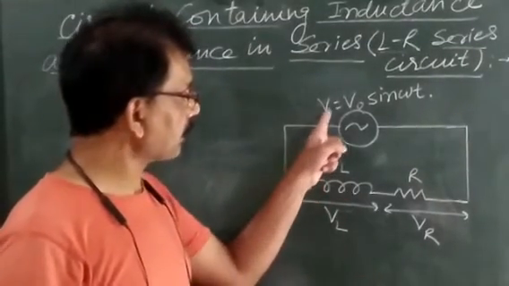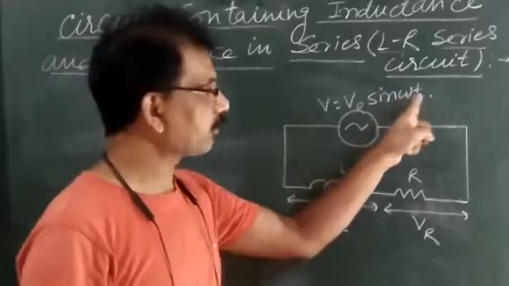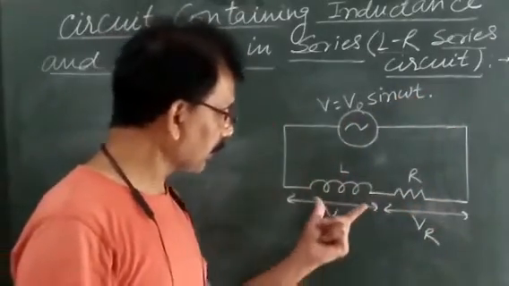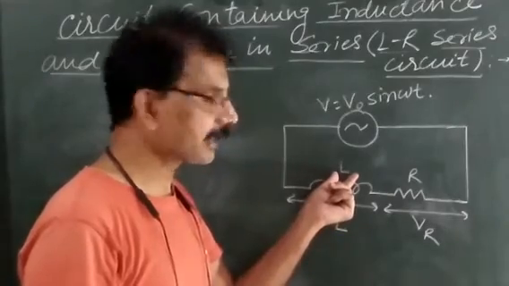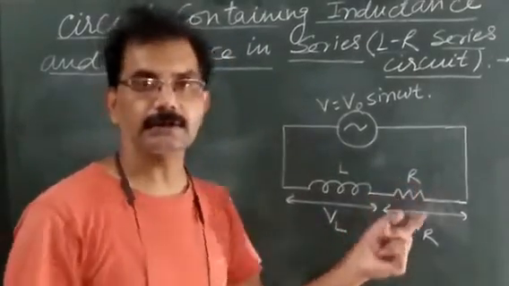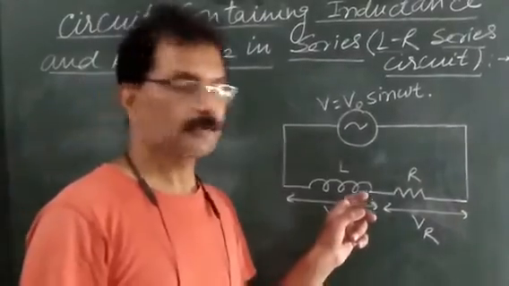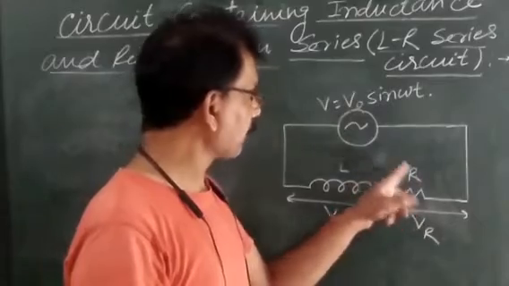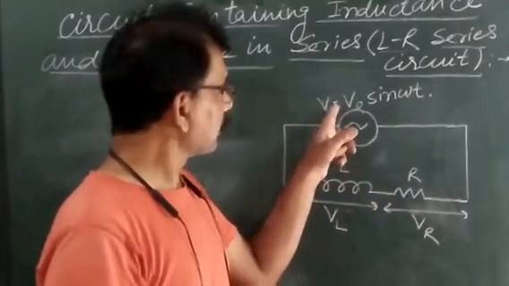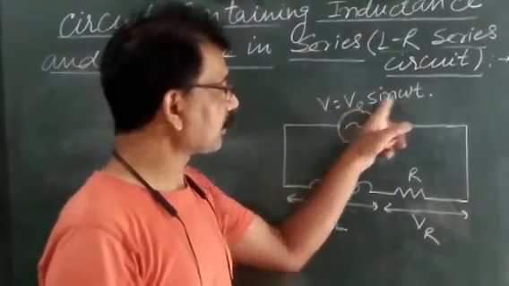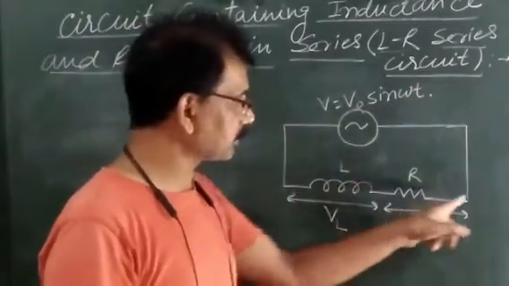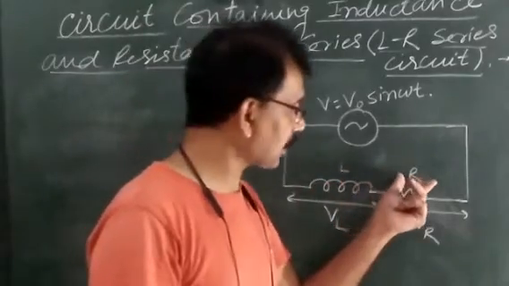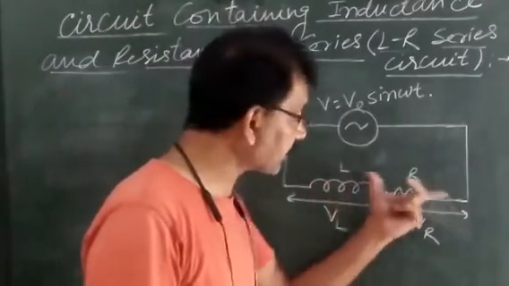So let an alternating voltage V equal to V naught sine omega t be applied across a circuit in which an inductor of inductance L and a resistor of resistance R are joined in series.